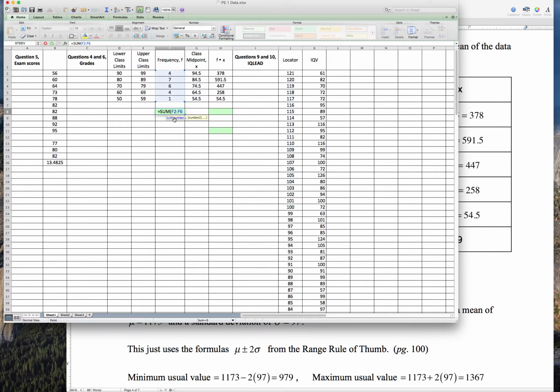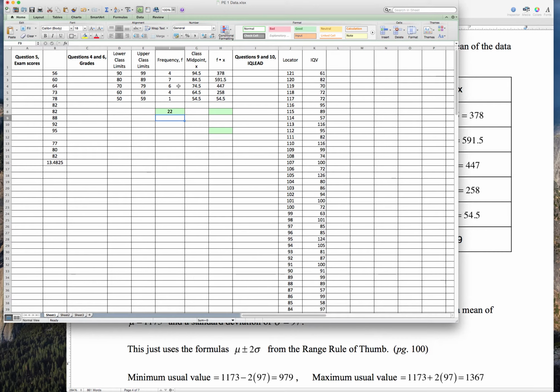We could have also typed F2 colon F6, and then a right parenthesis to close, and when we hit enter, that gives us the sum of those, which we could have added up without Excel, but it just seems convenient to use it because it's there.